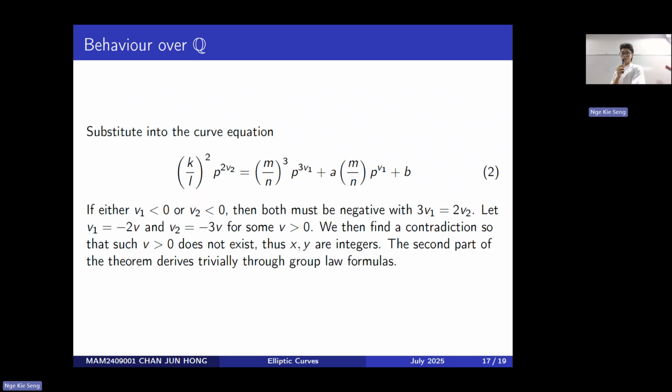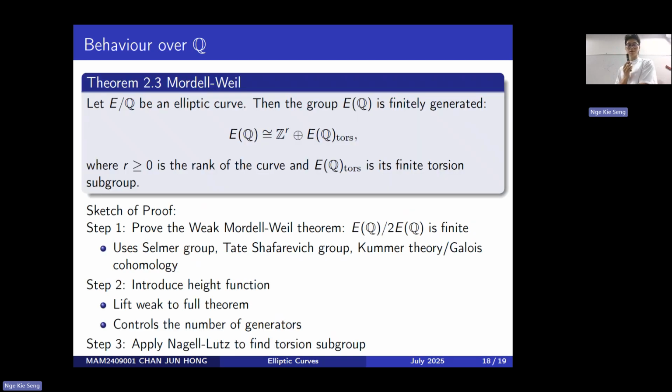For the second part, this can be shown just using the group law formulas, which is quite true. And now moving on to the main theorem, which is the Modularity theorem, which states that for an elliptic curve over the rational numbers, the group of points of the elliptic curve is finitely generated, and it is isomorphic to this finitely generated group, where r greater than 0 is the rank of the curve, and the torsion group is finite.